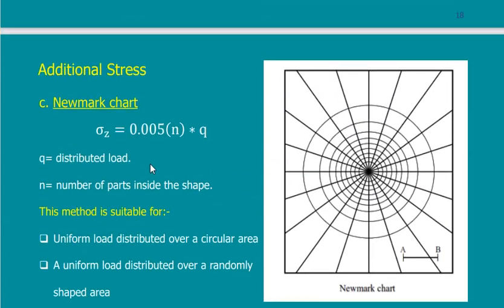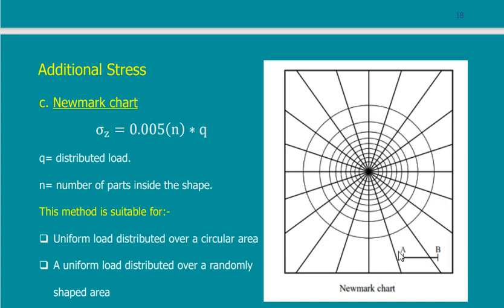The other thing is the Newmark chart. We said that the Newmark chart is a very powerful means to calculate this. Newmark presented this drawing with this scale at the bottom. This scale, the distance between A and B should be equal to the depth where I need to calculate the stress below the footing.